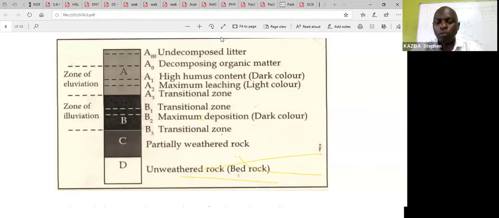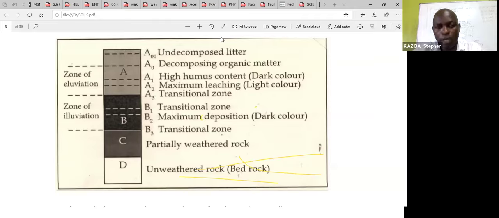Now, when it comes to photographic interpretation, you have two types of photographs. You have aerial photographs and ground photographs. For aerial photographs, we use top, bottom, center. Don't use ground. So you say top, bottom, center. Then for ground photographs, we use foreground, background, and middle ground.